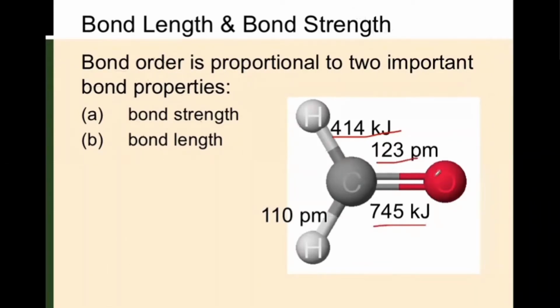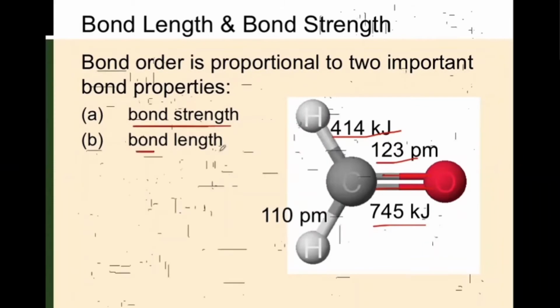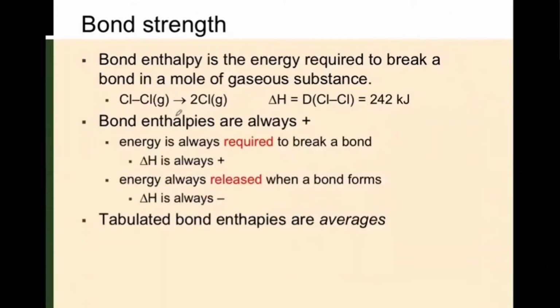The length is longer partially because these atoms are bigger than hydrogen, but also because of the electronegativity difference. But ultimately, the thing that wins out here is the fact that this is a double bond. The bond strength and the bond length combine together to influence the bond order.